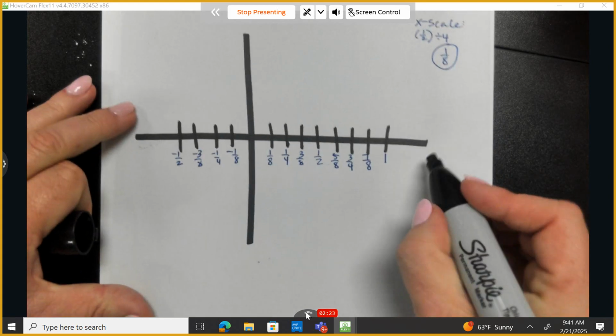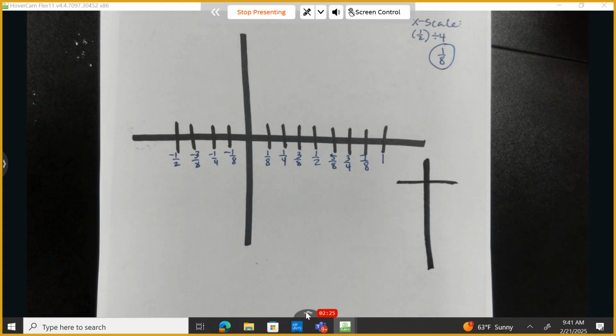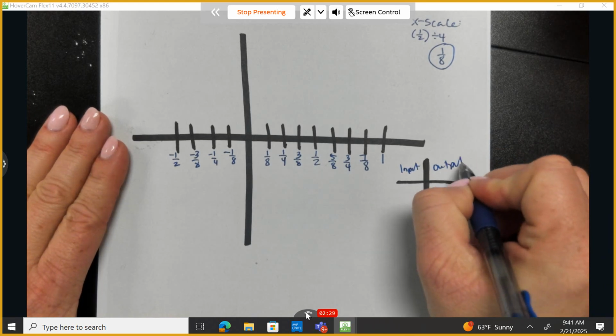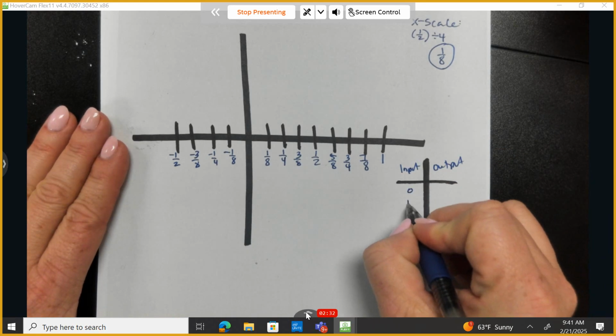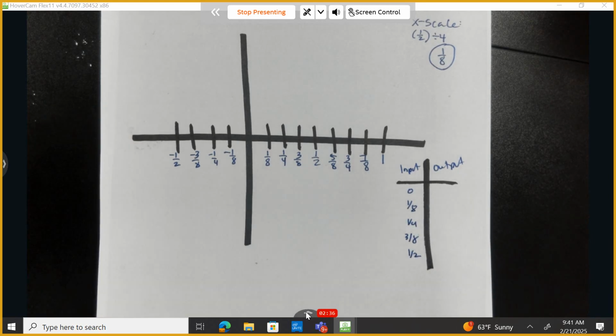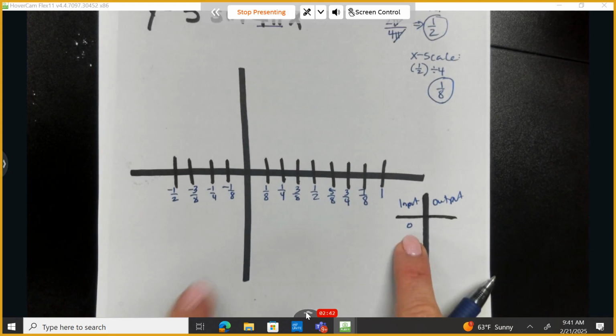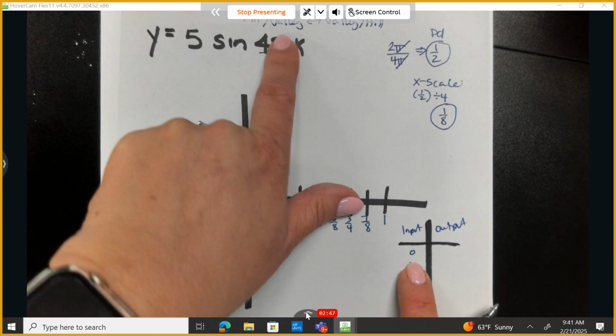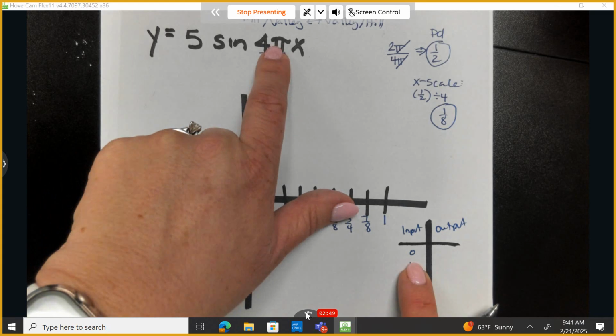So I'm going to come off to the side, and I'm going to make a little input-output chart. This is my input. This is my output. Okay? So 0 through 4. There's 0, 1, 2, 3, and 4. And now I'm going to plug in those inputs. So if I come up above and I plug in 0, 0 times 4 pi is 0. So let's evaluate the sine at 0.